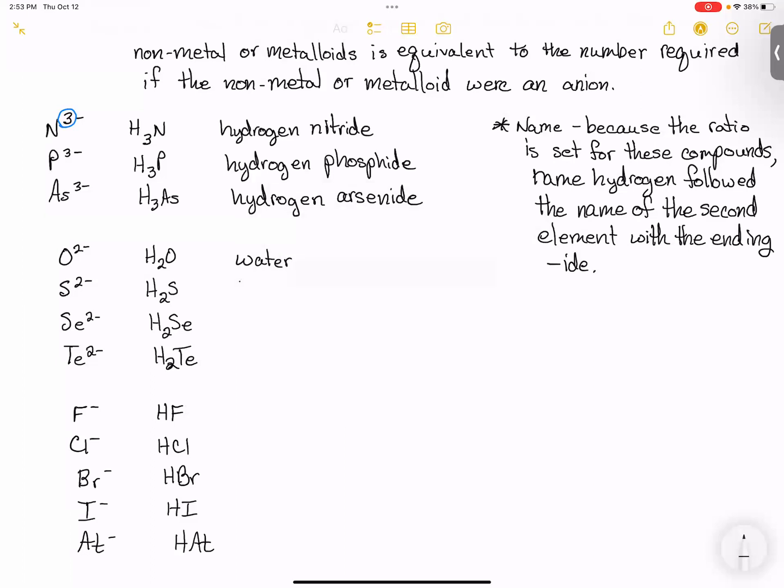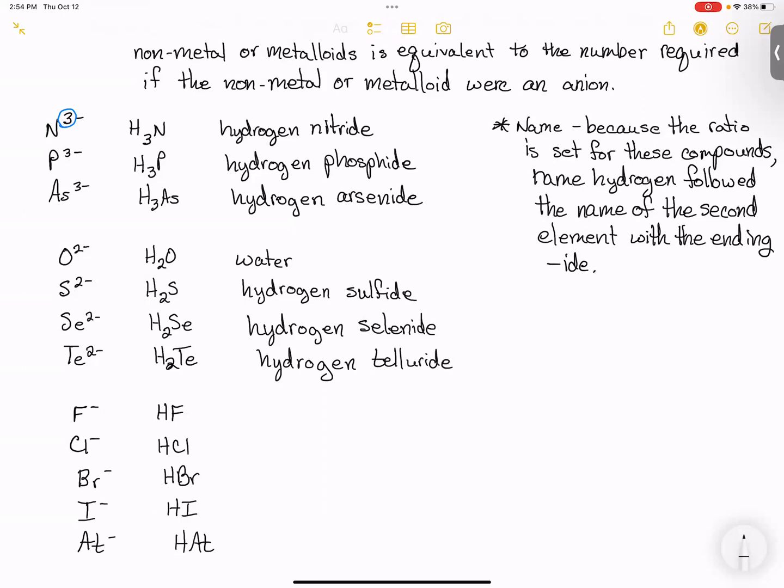Okay, so continuing on in this story, the next one would be hydrogen sulfide. Hydrogen selenide. Hydrogen telluride. And then you get into the next grouping.